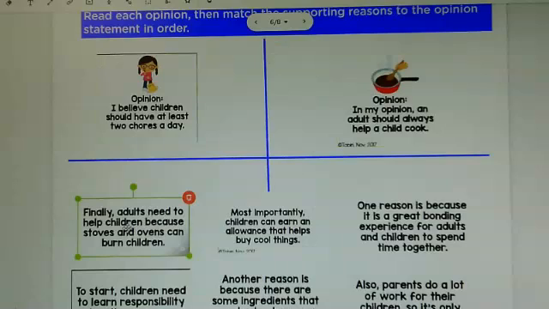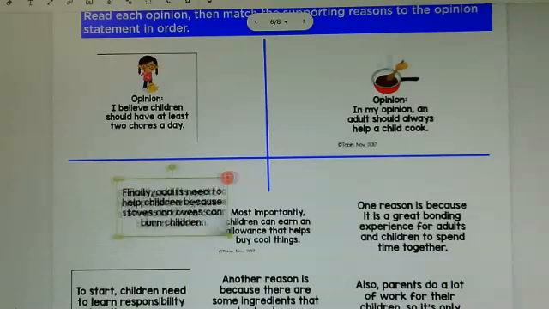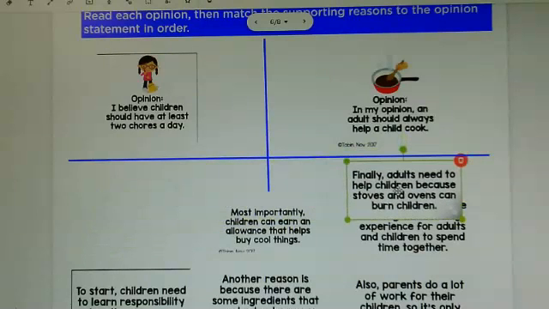So let's read the first one. It says, finally, adults need to help children because stoves and ovens can burn children. Is that going to be about chores or about cooking? That's right, it's about cooking because it says stoves and ovens. How about this one? Most importantly, children can earn an allowance that helps buy cool things. Is that talking about doing chores, or is that talking about adults helping children cook?